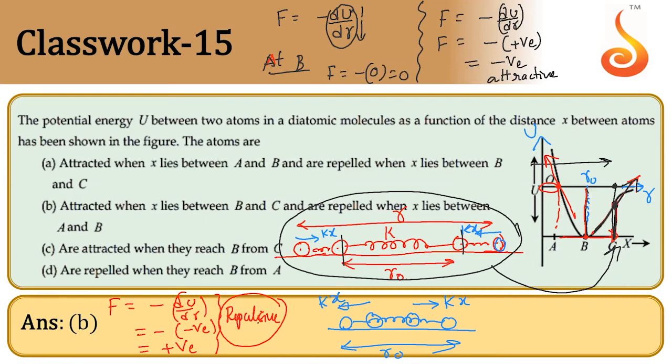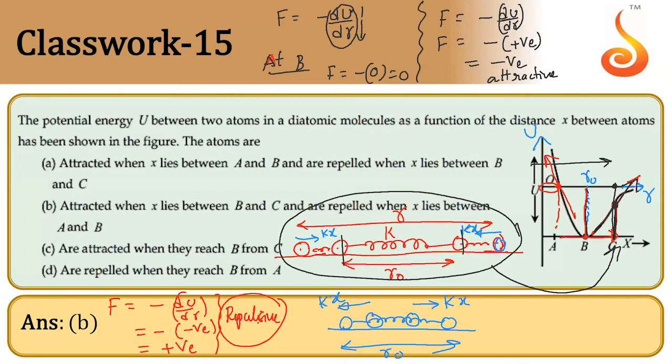When you decrease the separation, a repulsive force will be acting. When you increase the separation beyond R naught, an attractive force will be acting. This is how atoms behave in a solid.